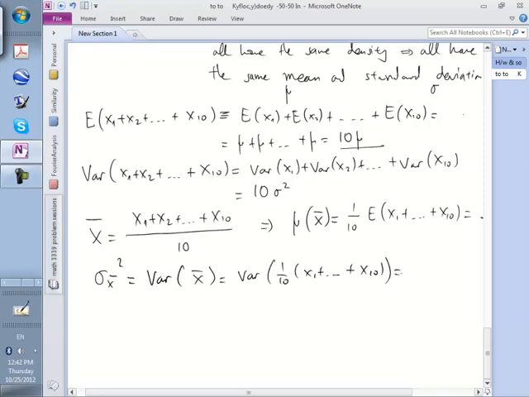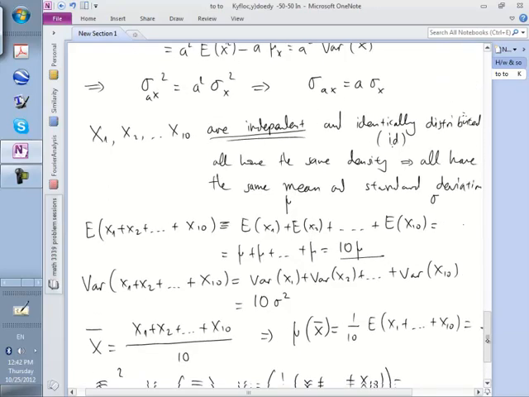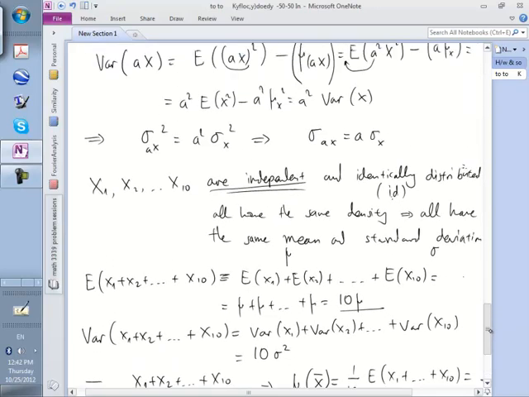So what do we know about the variance here? You see this property? We take A, which is here, that's the 1/10 times the sum. So that 1/10 will become 1/10 squared.